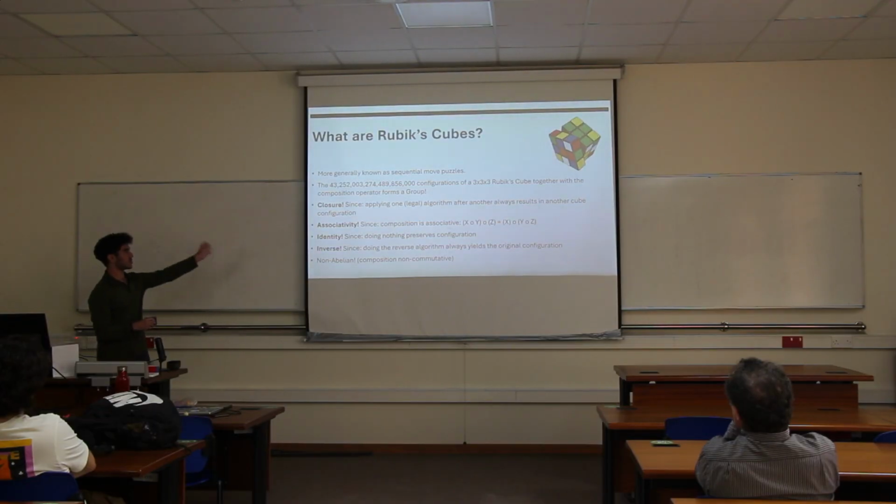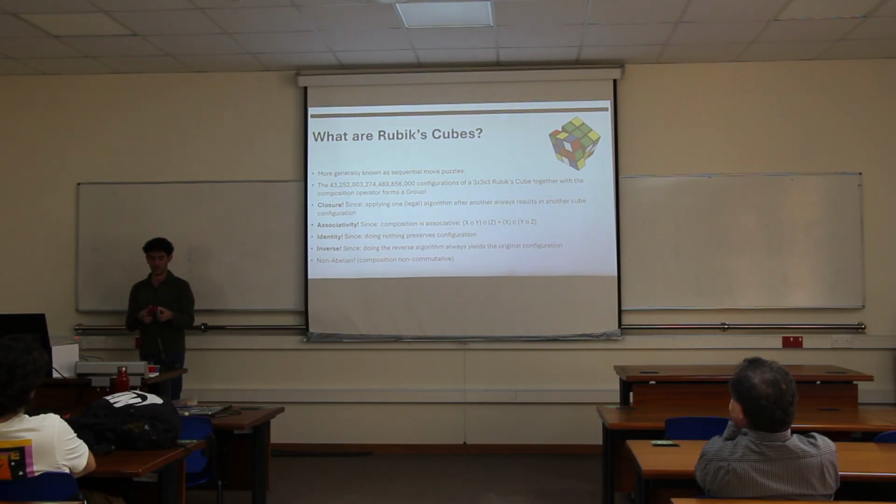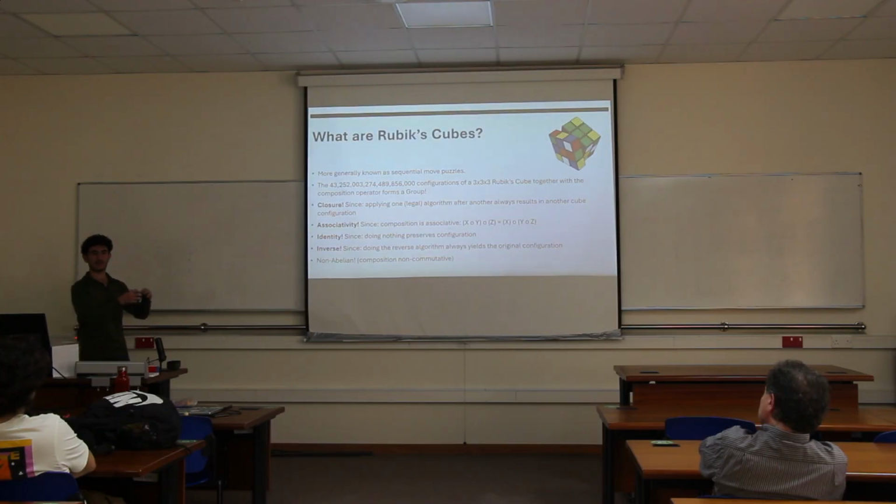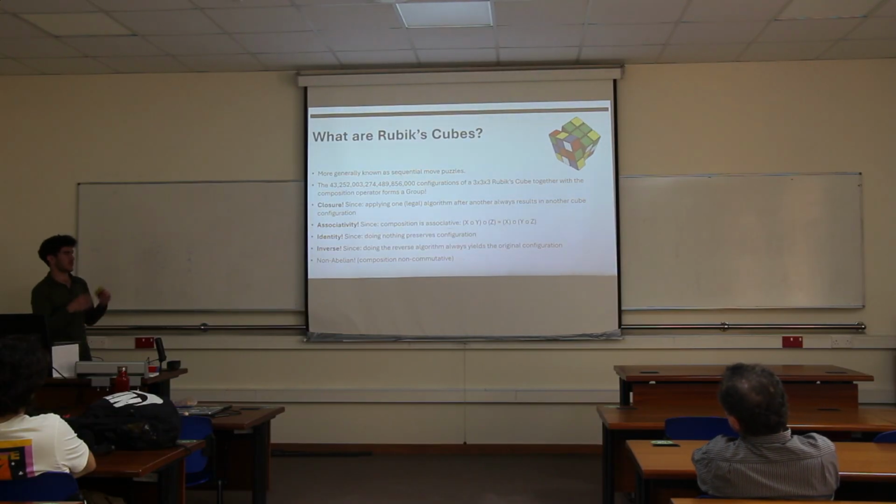And then let's add this composition operator: you do one algorithm, and then you do another algorithm. So you do one thing like this, then you do another thing like this. That's called the composition operator. If you add that to the set of all configurations, you form a group, which is this very interesting mathematical structure, which essentially describes symmetries.